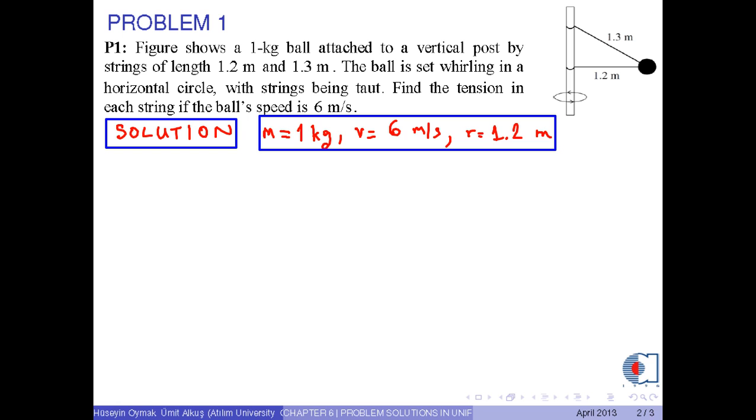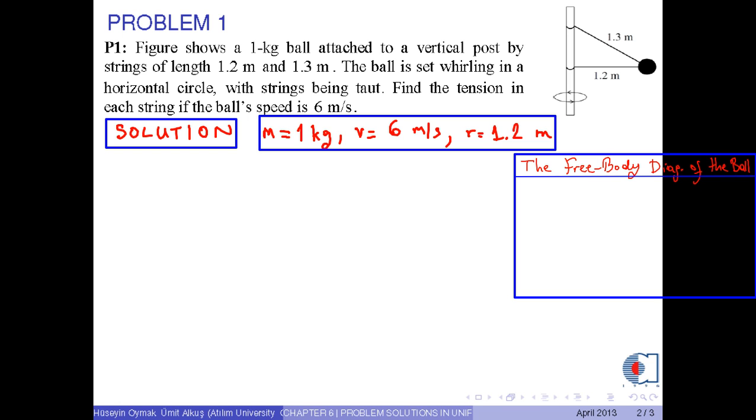As usual, first we draw the free body diagram of the ball. The ball is represented by a point. Next, we insert an xy coordinate system whose origin is at this point. The gravitational force acting on the ball is a downward force which is equal to m times vector g.